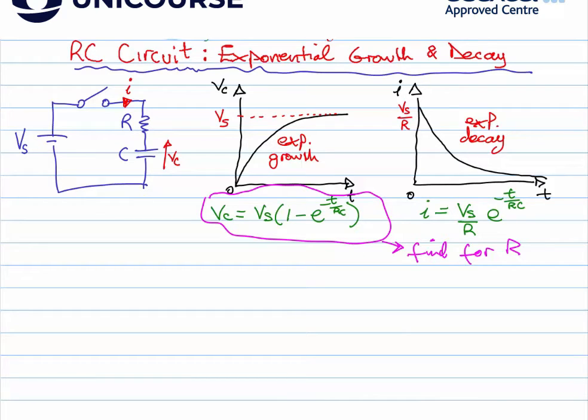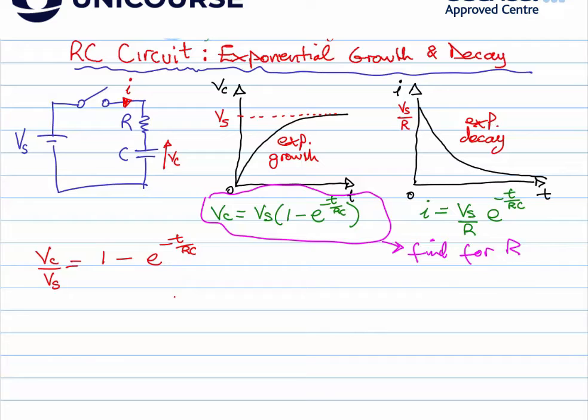So how are we going to do that? Well, maybe the first step might be divide both sides by Vs. So we'll have Vc over Vs equals 1 minus e to the minus t over RC.